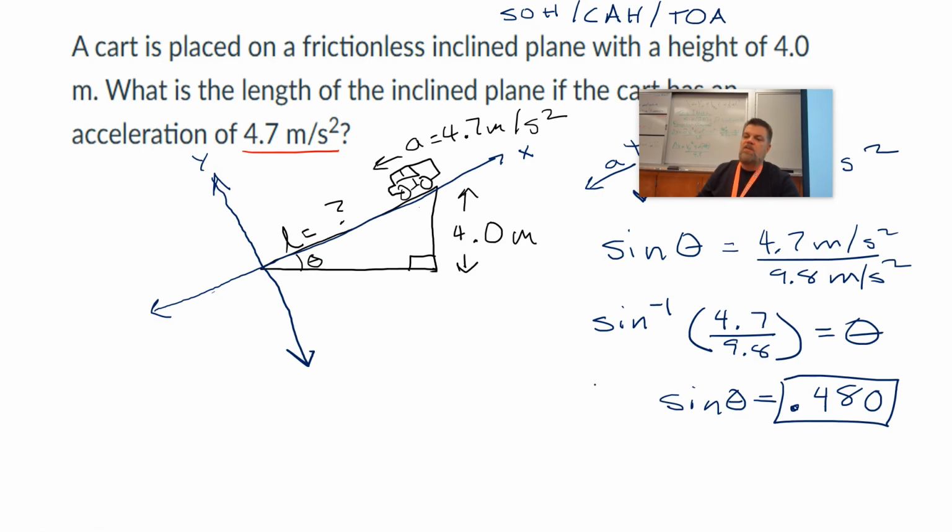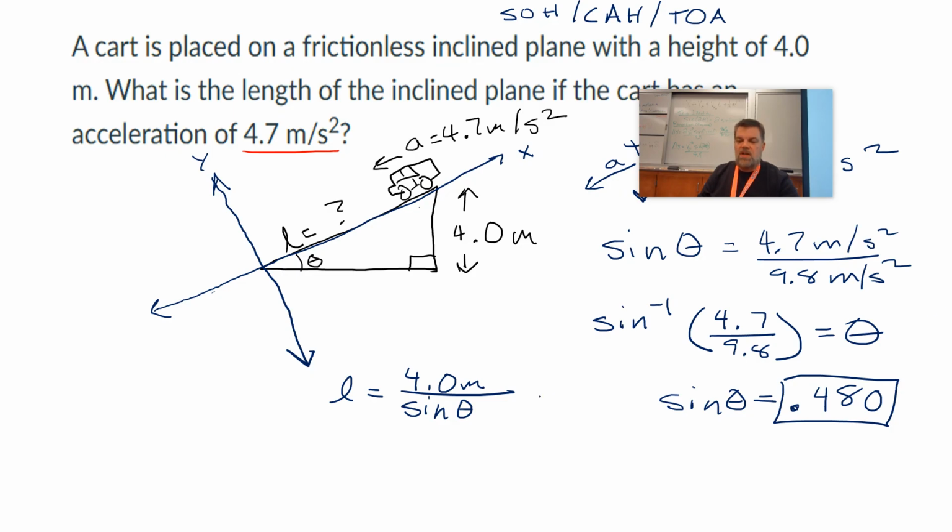I had to think about it. I was going to find the angle and then plug the angle back in, and then I realized I don't really need to do that. So the length of the inclined plane would be equal to, so this is a different triangle, the height divided by sine of theta, so 4.0 meters divided by sine of theta.